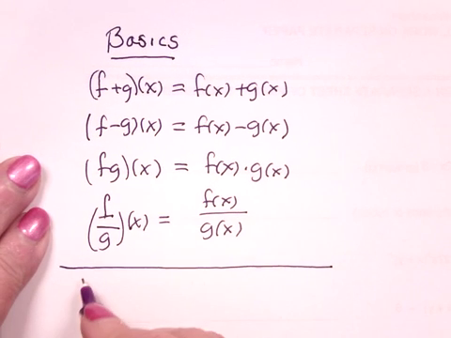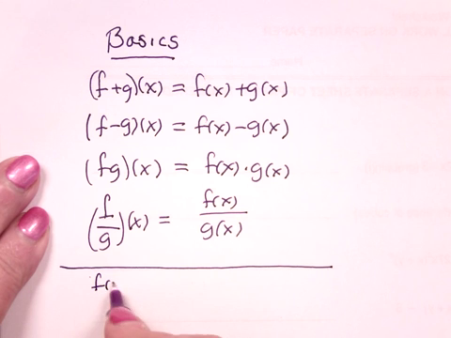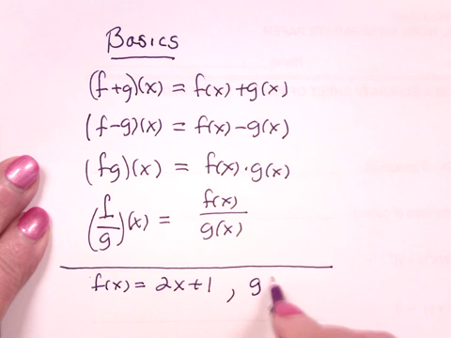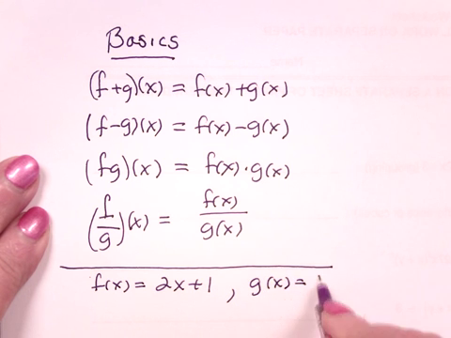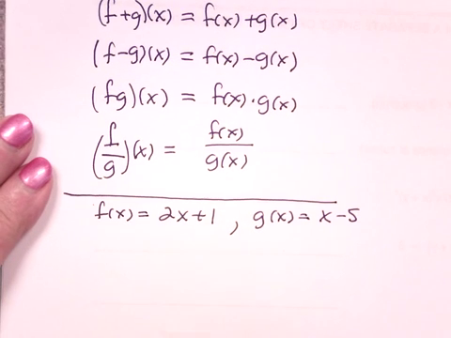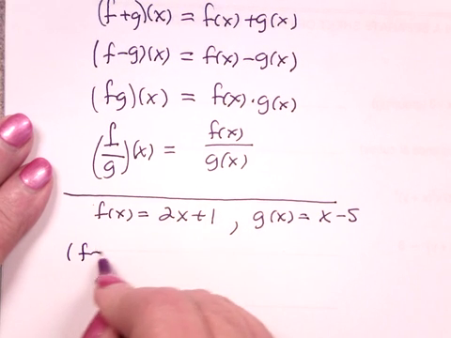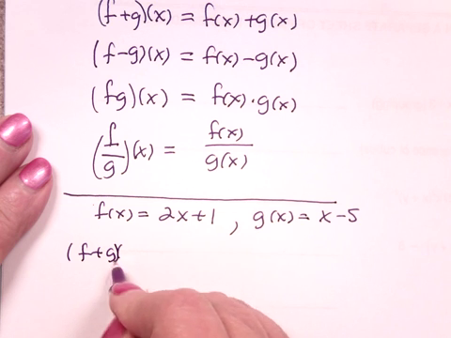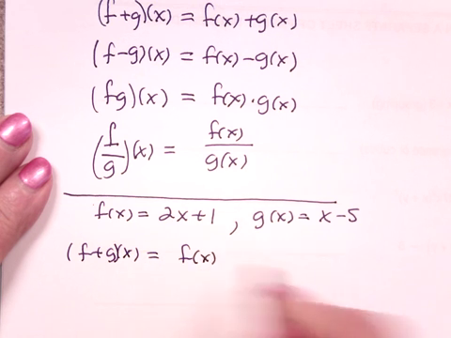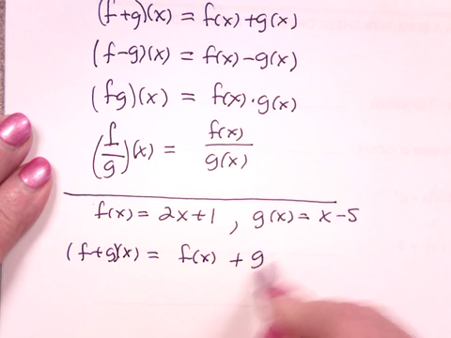So for example, if I had f of x being equal to 2x plus 1 and g of x being equal to x minus 5, then if I would say f plus g of x, this says take the first function and add it to the second function.